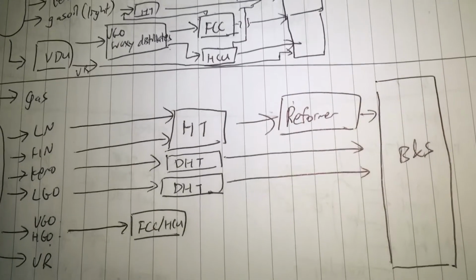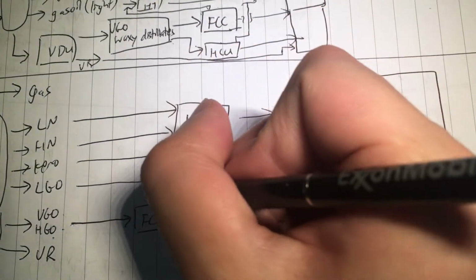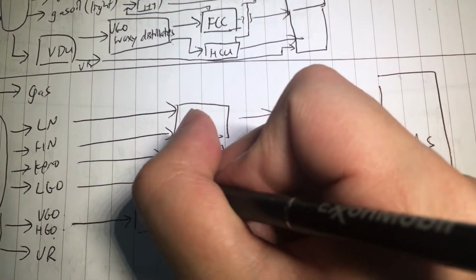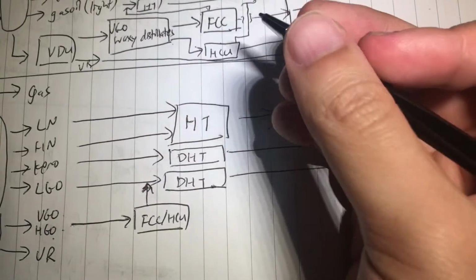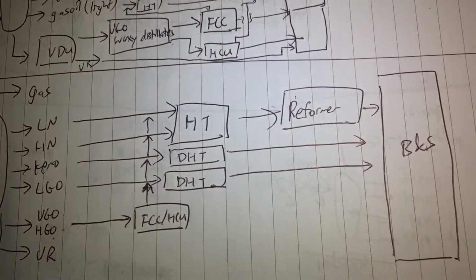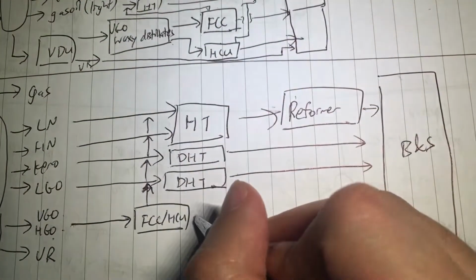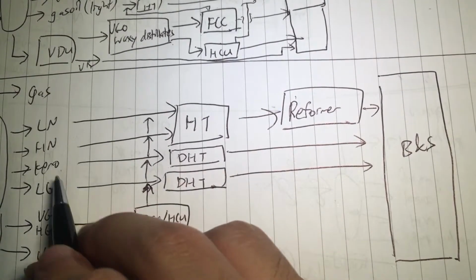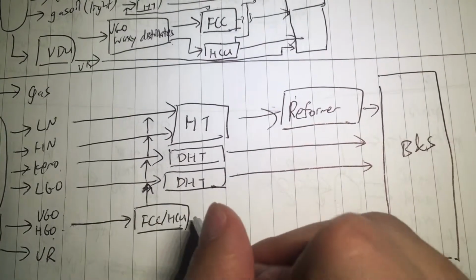Okay, FCC, HCU can send it to this. Okay, no. Oh yeah, the FCC will go to the distillate hydrotreaters. Okay, and the HCUs, the kerosene and gas oil from the hydrocracking unit.